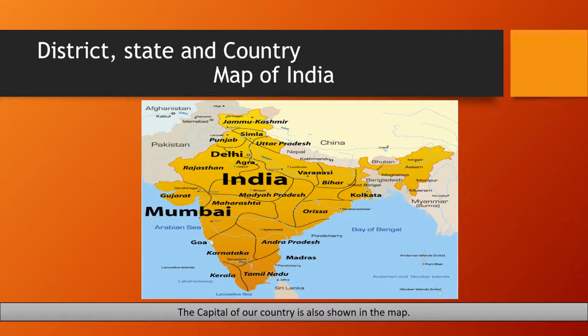Student, the outer boundaries of our country are known as international boundaries. And the boundaries which are inside our map are called state boundaries. As you see in the map, the black line is a state boundary.